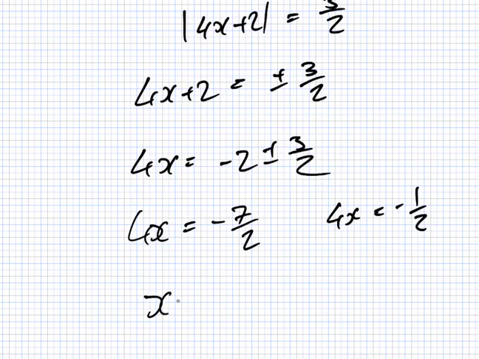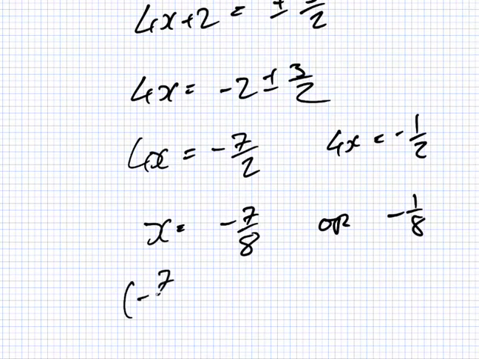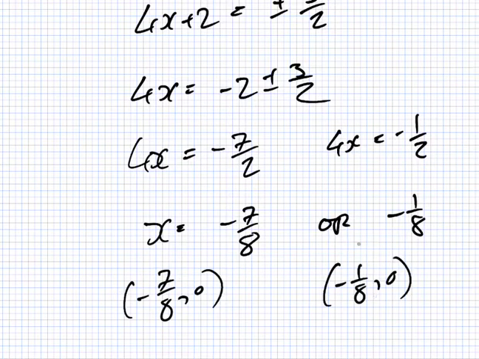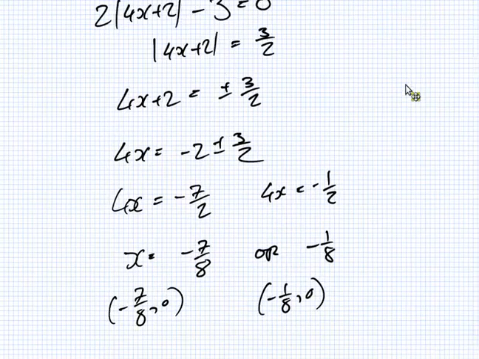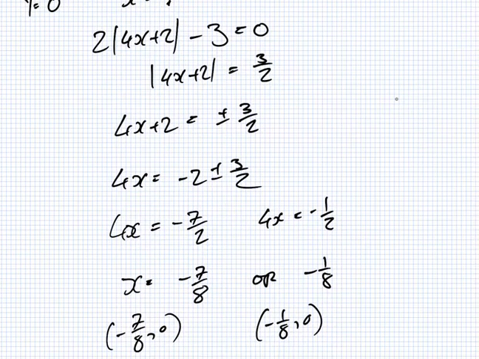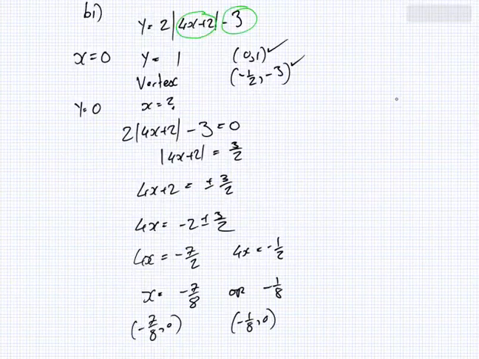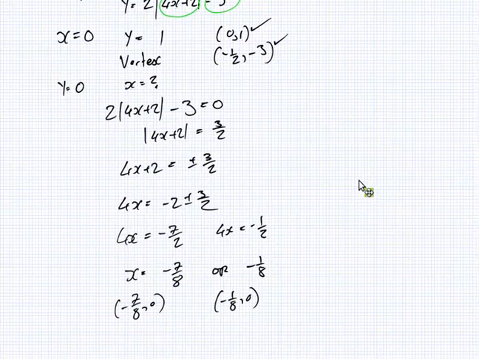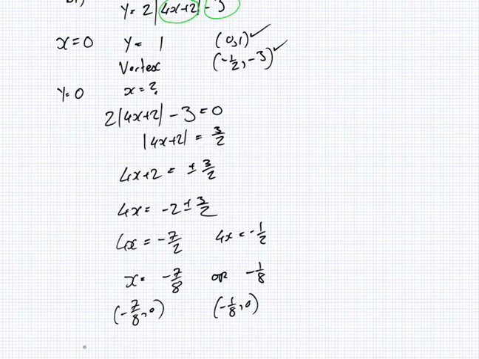So you get x equals minus 7 over 8 or minus 1 over 8. So now we have these 2 points, minus 7 over 8 is 0 and minus 1 over 8 is 0. So the 4 points are this one, 0, 1, and minus a half, minus 3.